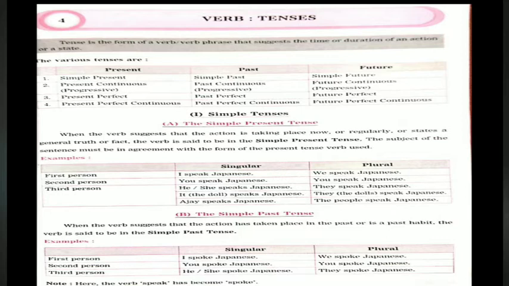Now if we look at this example given here, the various forms of tenses. First of all, the tense is divided into three parts: present, past and future, and then again categorized into simple present, present progressive, present perfect and present perfect continuous.